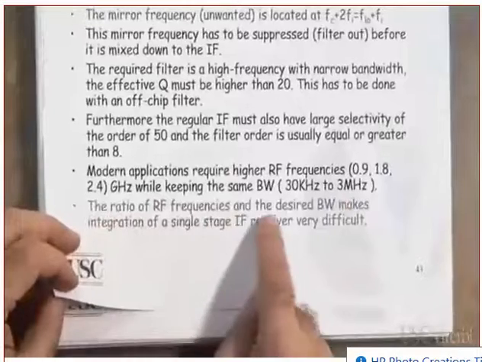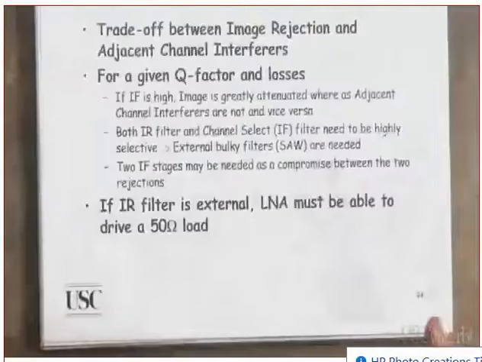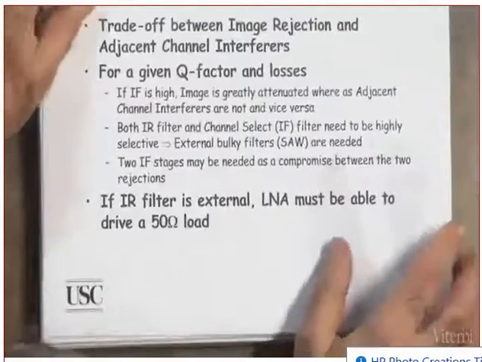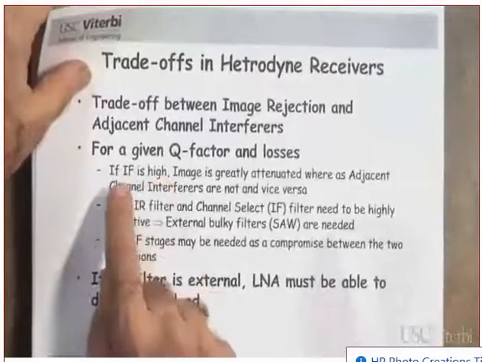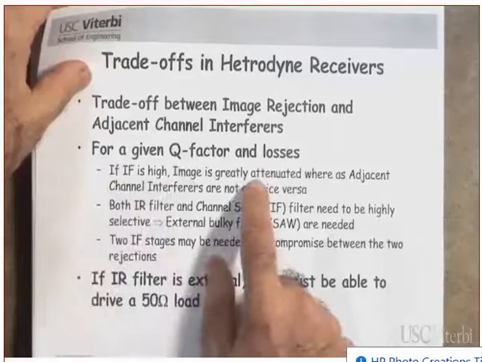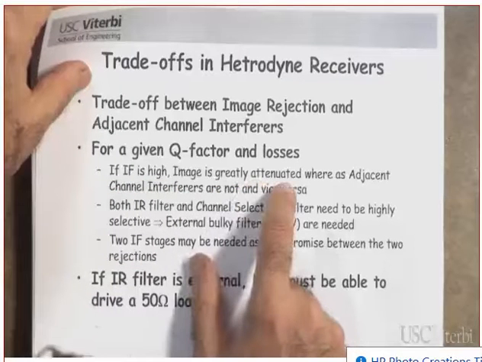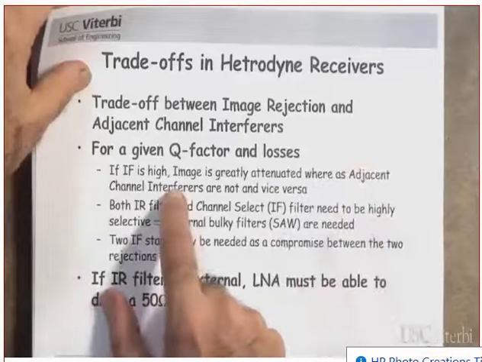The ratio of the RF frequency to the desired bandwidth makes integration of a single stage receiver very difficult. The trade I just told you about. If you use a high IF, the image will be greatly attenuated, whereas the adjacent channel interference is not.